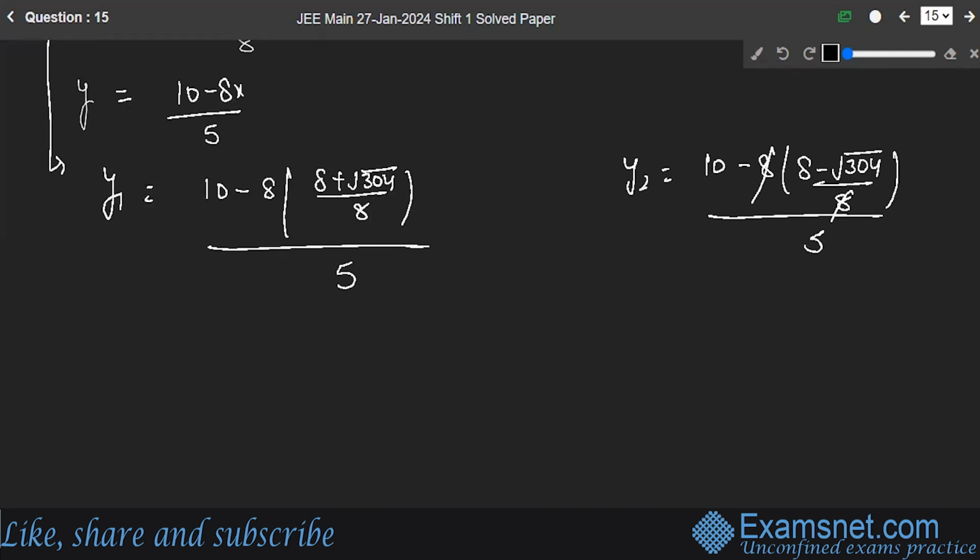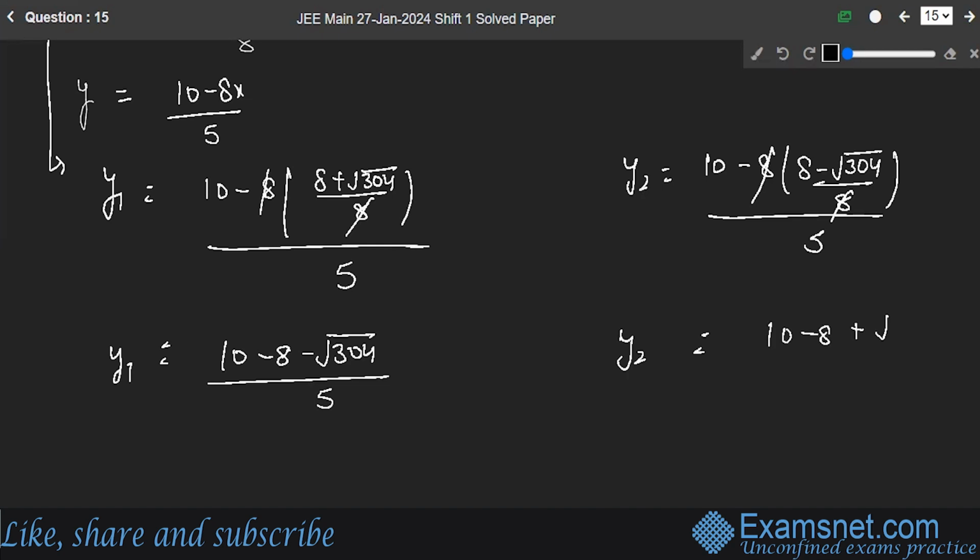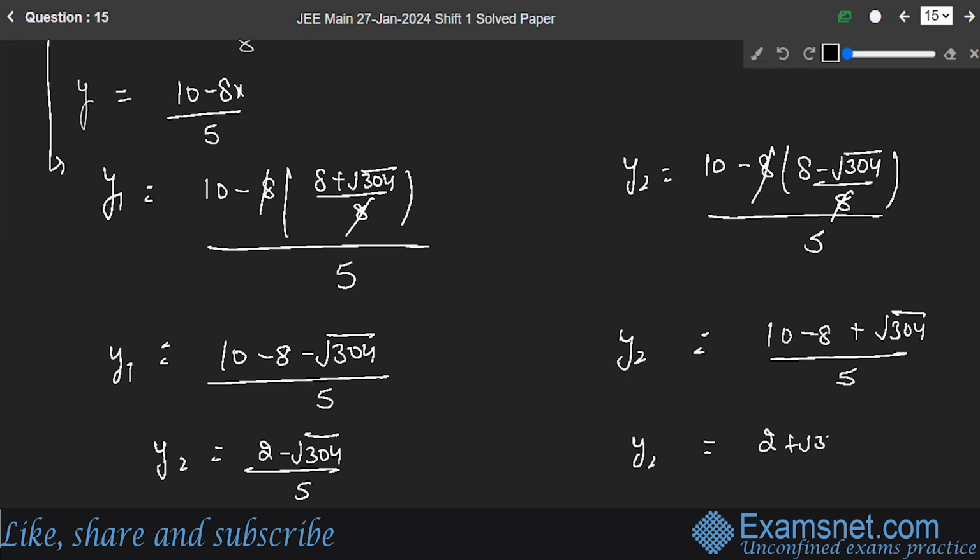Now this 8 and 8 will cancel. You will have 10 minus 8 minus root 304 upon 5, and this was for y1. Y2 will be given by 10 minus 8 plus root 304 upon 5. So this will be this value, and y2 will be 2 plus this value.